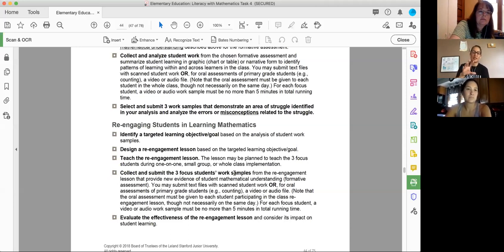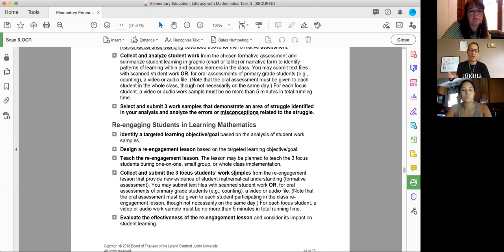So after your analysis, you're going to have these conclusions that say students seem to understand this differently, or in a wrong way, or they're having misconceptions here, they struggled here, they had errors here, whatever it was. You're going to link it back to those learning objectives, and you're going to re-engage them in a lesson. So you'll target those learning objectives. You'll design a re-engagement lesson with those learning objectives, and you'll include instructional strategies that you think are going to help.